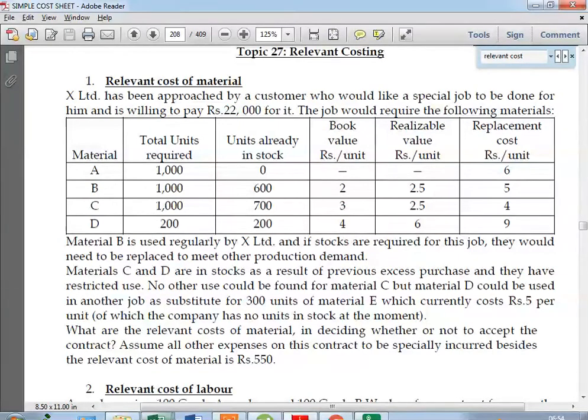In the particulars, material A, in bracket note 1. Initially I'll give you detailed notes, later on we'll keep shortening the notes. Now you first analyze the scenario: in stock, out of stock, fast moving, slow moving. Analyze all of that and tell me what should be the relevant cost of material A.